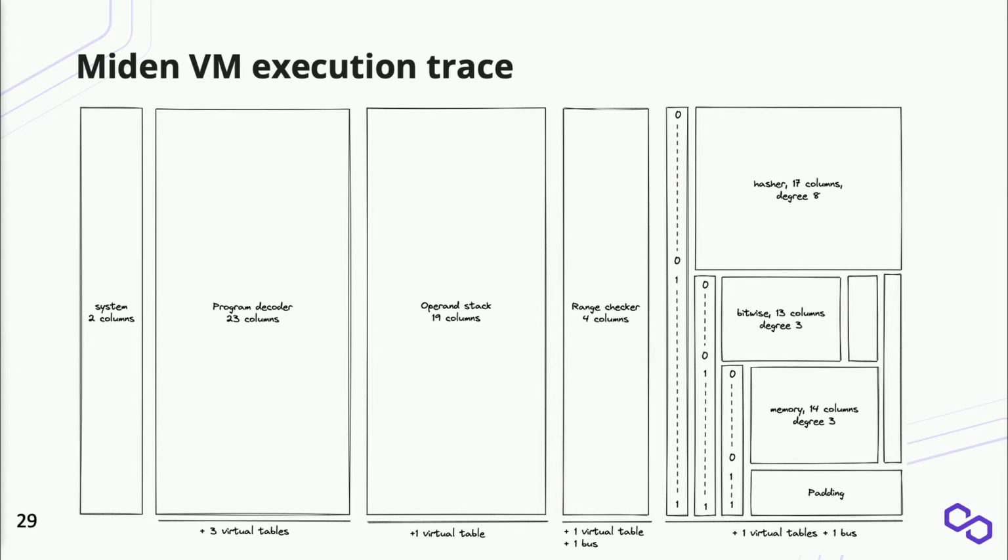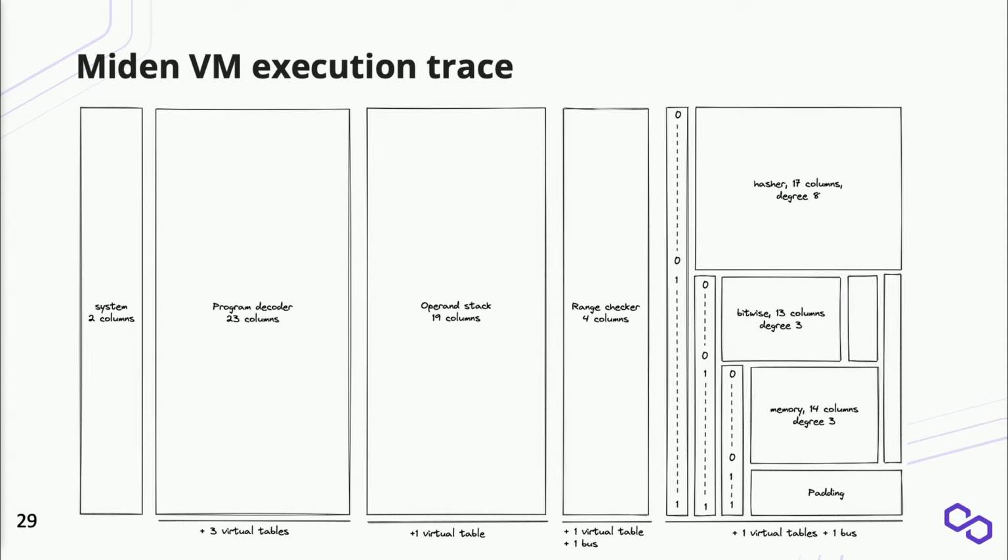Logically, we break down the execution trace into different parts. There is a program decoder, which is pure overhead. It is responsible for decoding the program and ensuring that the right program is getting executed on the VM. Then you have the part that handles the operand stack. And then you have the range checker and other chiplets to the right that handle memory and bitwise operations and so on and so forth.